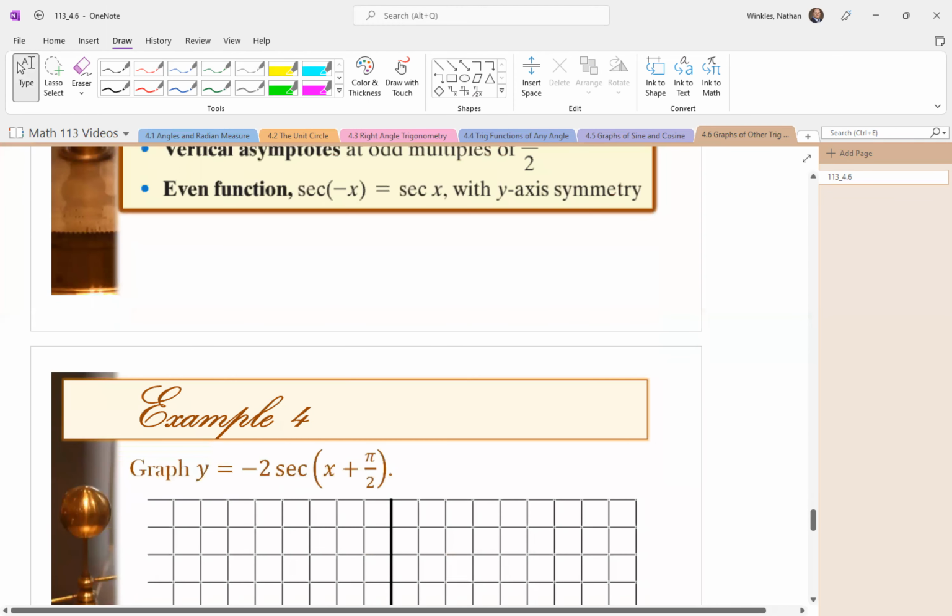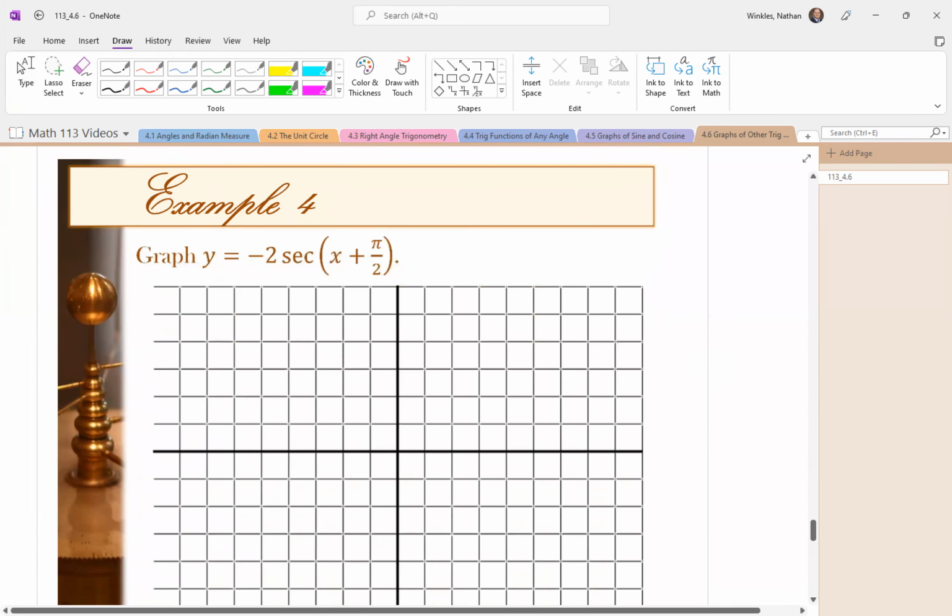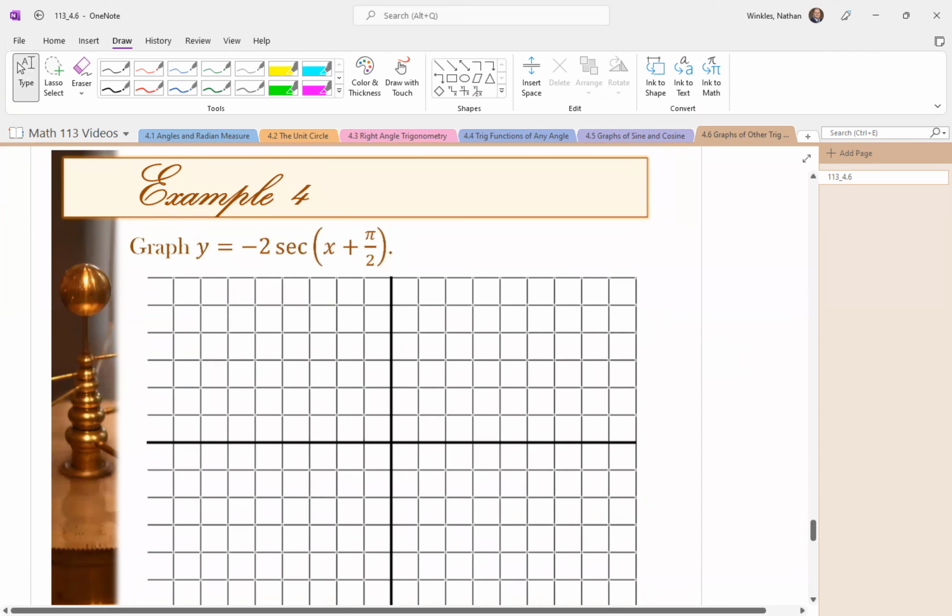So if we were to look at this example here, how can we draw the graph of -2 secant of x plus pi over 2? The first thing that I would draw is, what does cosine of x plus pi over 2 look like?